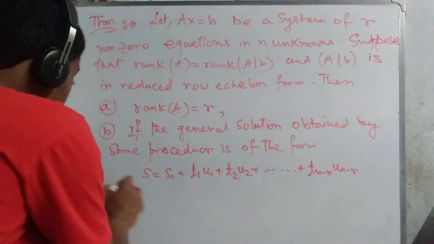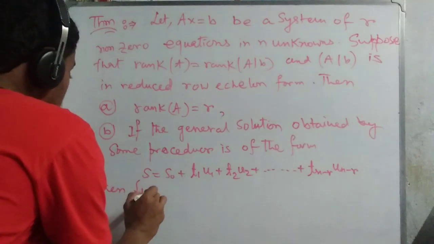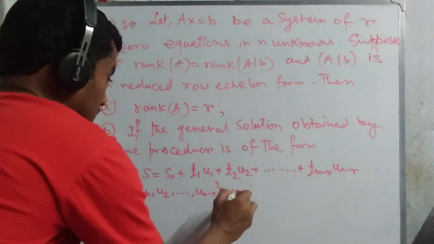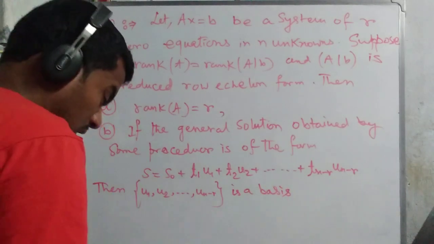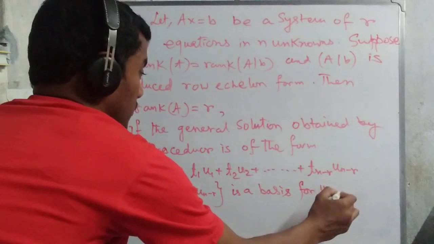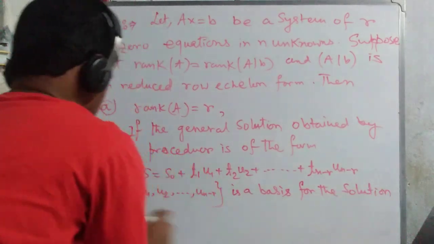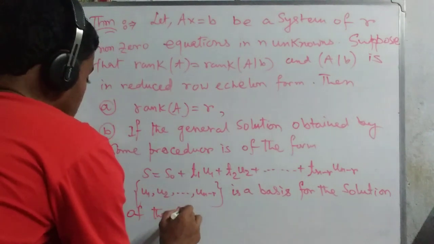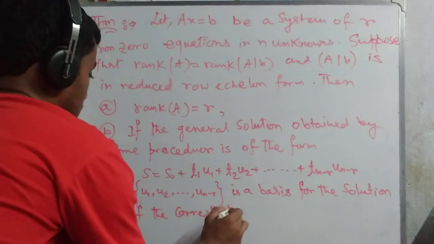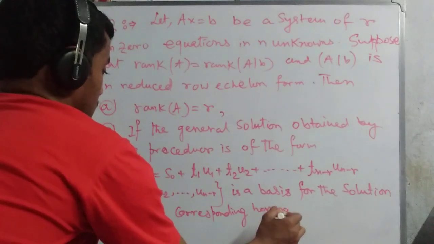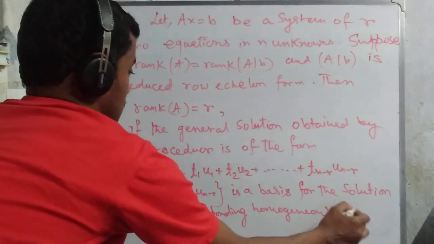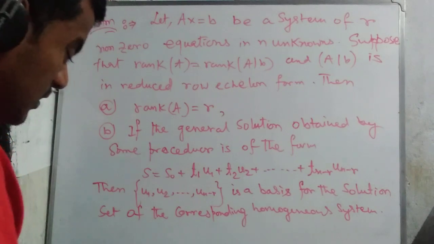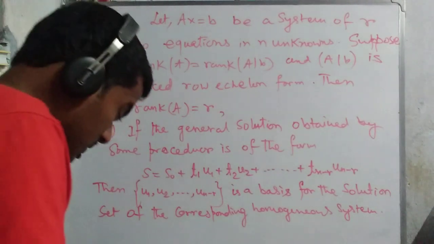then u1, u2, ..., u(n-r) is a basis for the solution set of the corresponding homogeneous system, and s0 is a solution to the original system.